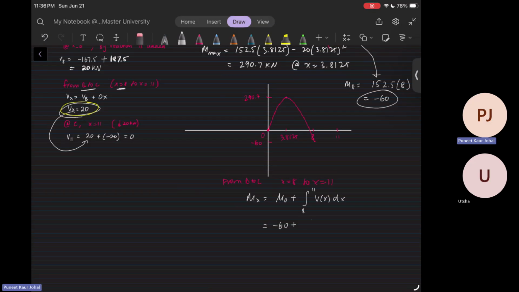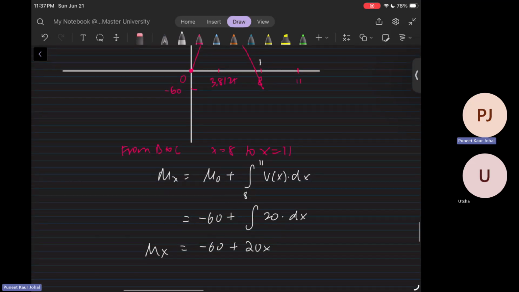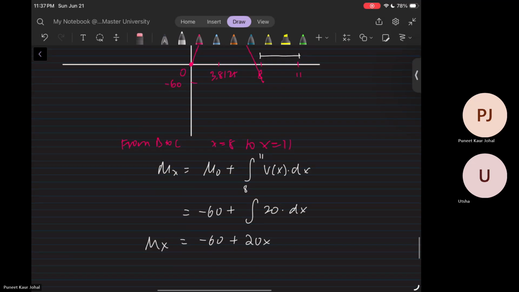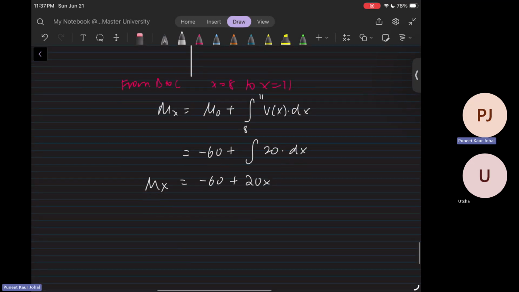So I'm just going to do integration of 20 dx, which is going to be -60 plus 20x, that is Mx. So if you want to find out what happens at 11, it's good if we do from 0 to 3, because 8 to 11 is a difference of 3 units.